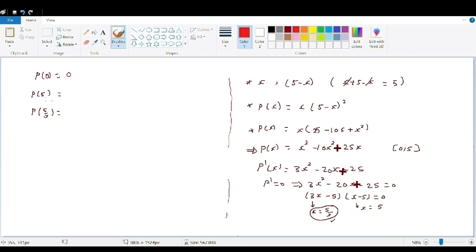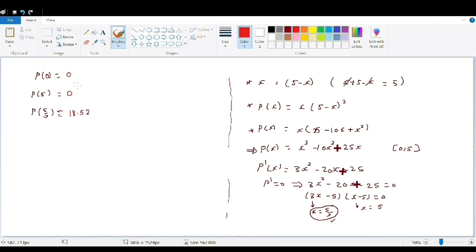Then for p of 5, we go to this function, replacing any x by 5. This will give us 125 minus 10 multiplied by 5 squared minus 25 multiplied by 5. This will give us also 0. For p of 5/3, we replace any x by 5/3 here, and we will get approximately 18.52.